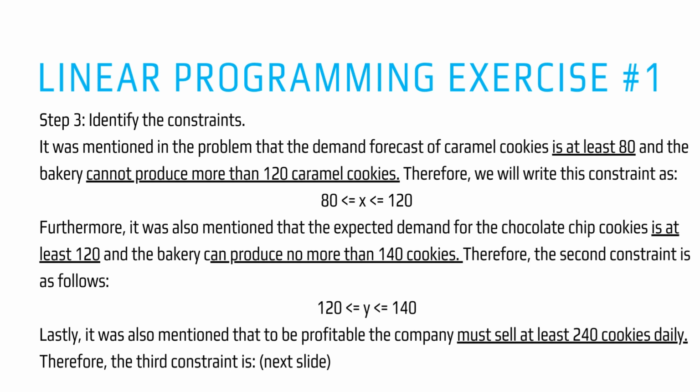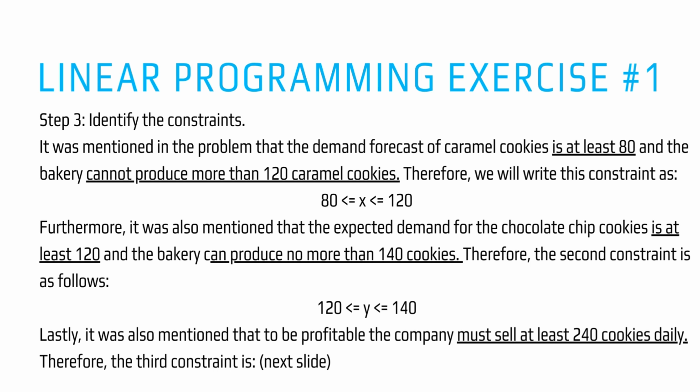Furthermore, it was also mentioned that the expected demand for the chocolate chip cookies is at least 120, and the bakery can produce no more than 140 cookies. Therefore, the second constraint is as follows: 120 is less than or equal to y, and y is less than or equal to 140.